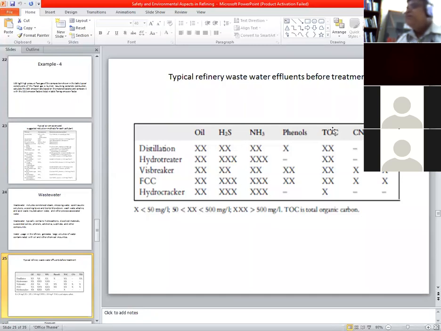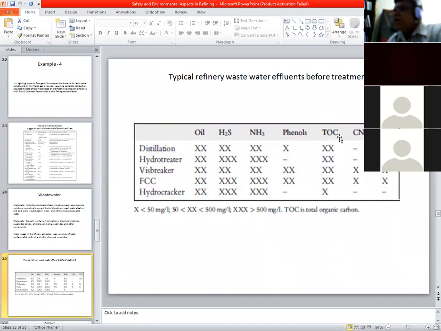TOC is another term; so far we have learned volatile organic compounds. TOC is total organic carbon. Another term is DOC, dissolved organic carbon. Please note down these things. VOC, volatile organic compounds.